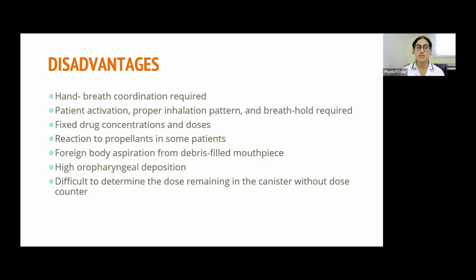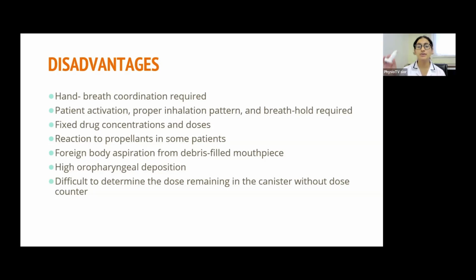So there is chance of high oropharyngeal deposition, and this happens only when the patient fails to have a good hand-breath coordination. It is difficult to determine the dose remaining in the canister without dose counter.